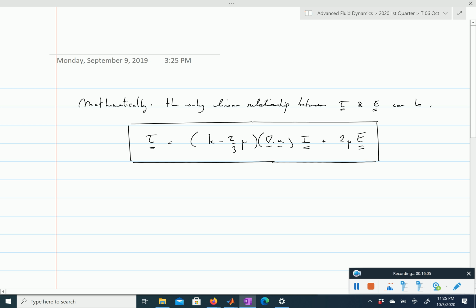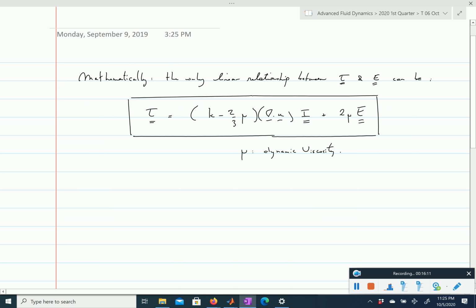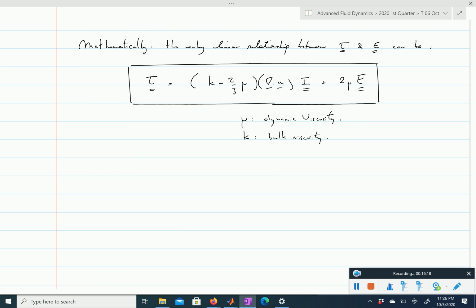This mu is called the dynamic viscosity, and K is called the bulk viscosity. Note that here the divergence of U, you know what the divergence of U is.